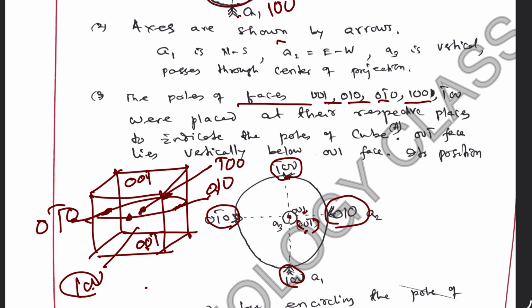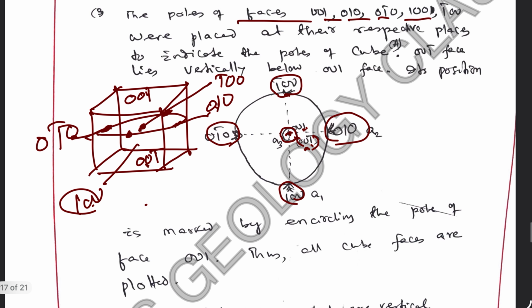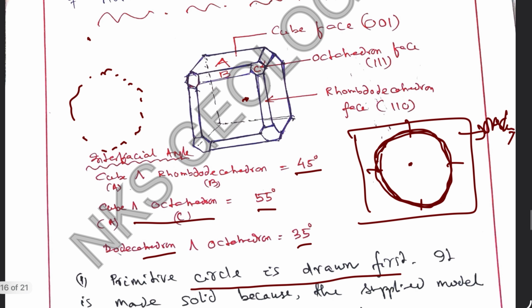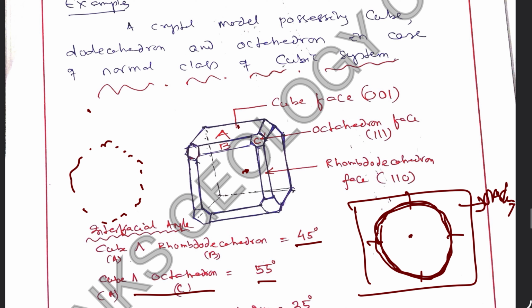This face is superimposed over this face, so we can draw a circle like this to represent the bottom face. So this location is for the 0 0 1 and 0 0 1 bar face. So all the cube faces of the supplied crystal model have been plotted.